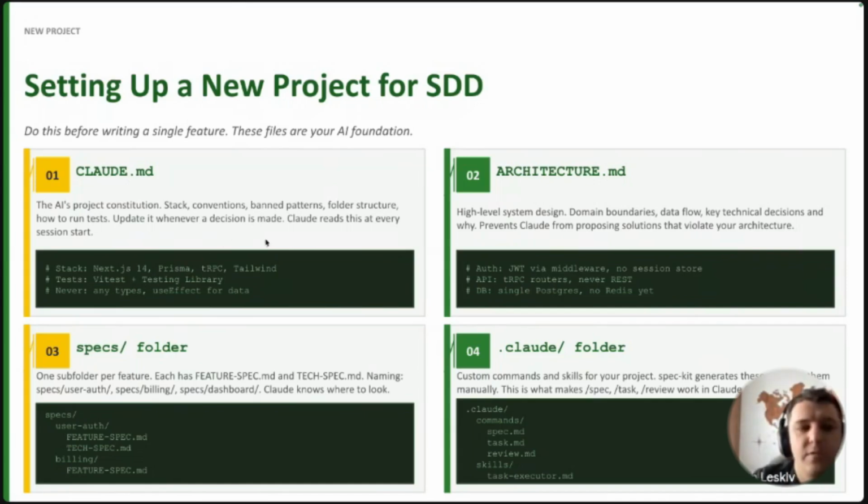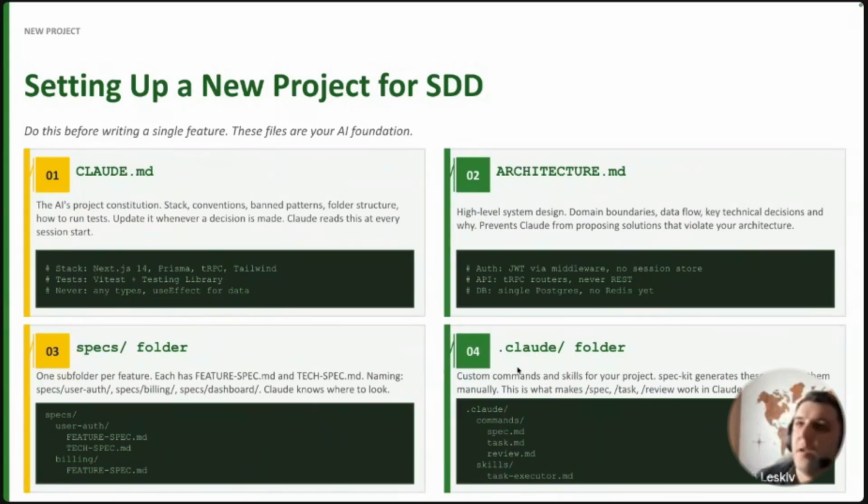It's like the project constitution: the stack, conventions, banned patterns, etc. Claude reads this at every session start. Second, an ARCHITECTURE.md file defines your system design and prevents AI from proposing solutions that violate it. Third, a specs folder with one subfolder per feature, and fourth, probably a .claude folder with commands which you could create by yourself.